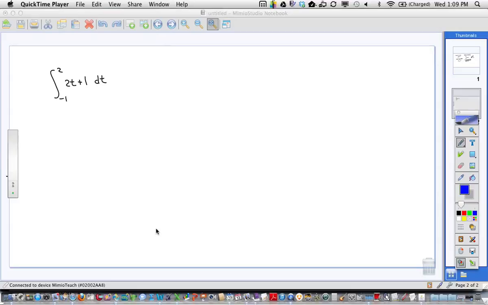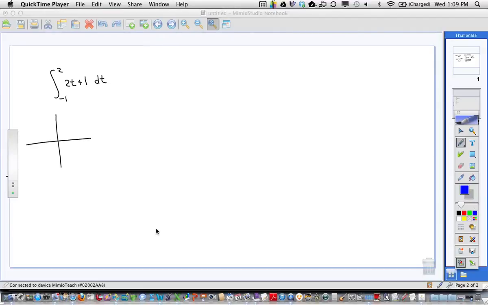So your next move would be to do what? You can plug in the endpoints, but before you do that, draw a graph. If you're going to do an area, you better know what the picture looks like, right? So we need to draw a picture.